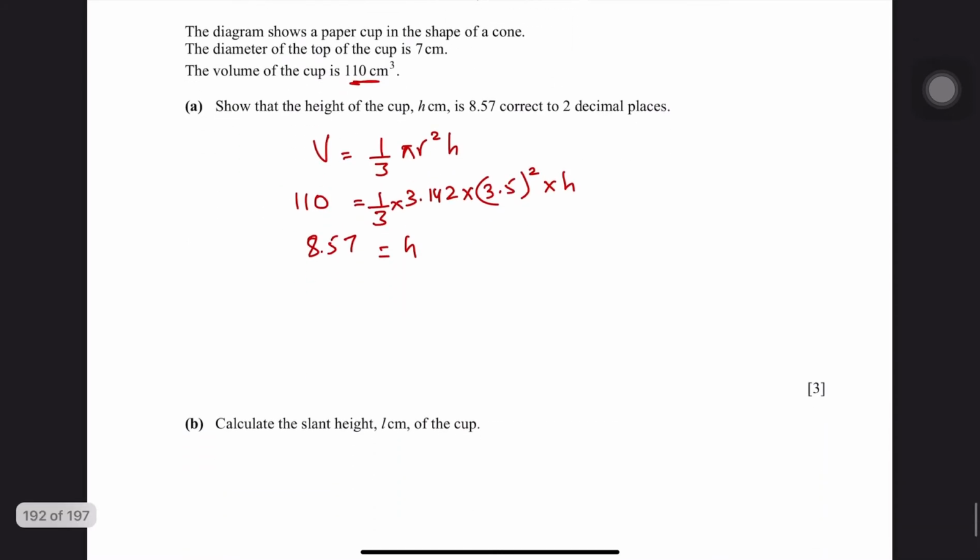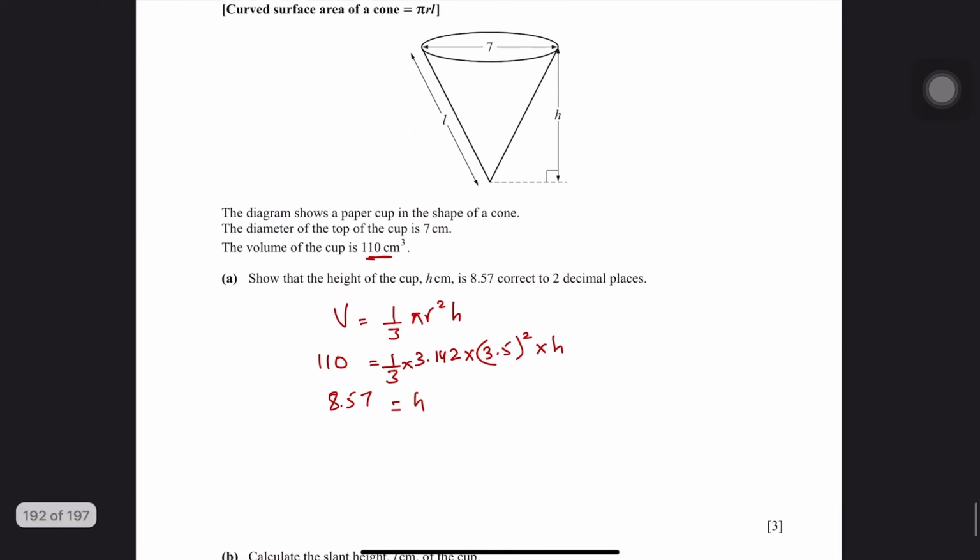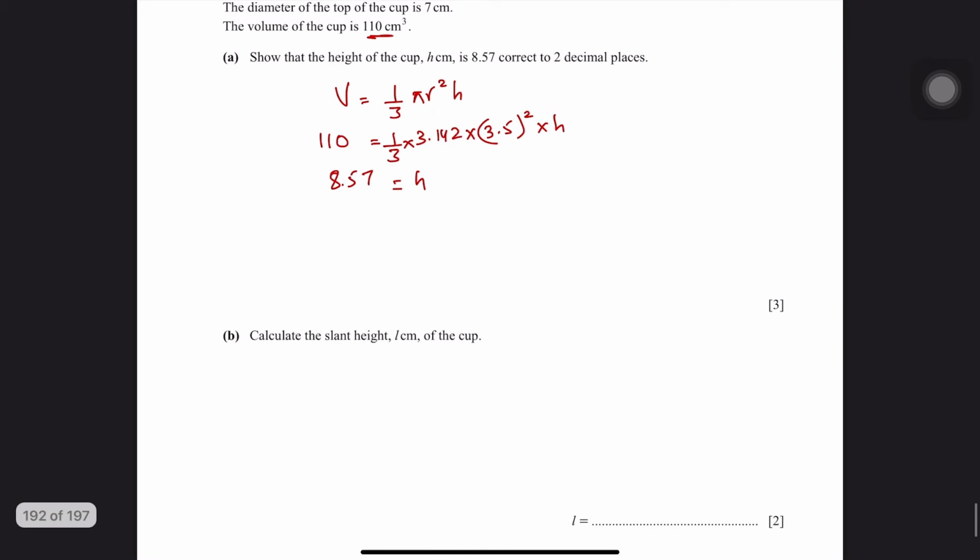Correct to 2 decimal places. Calculate the slant height. So I use Pythagoras. I say that this is h, this is l, this is 3.5.